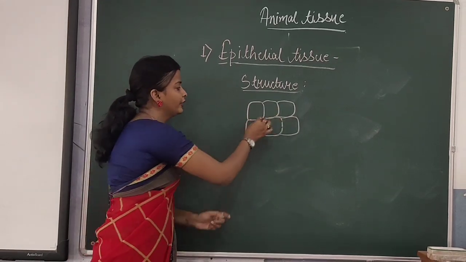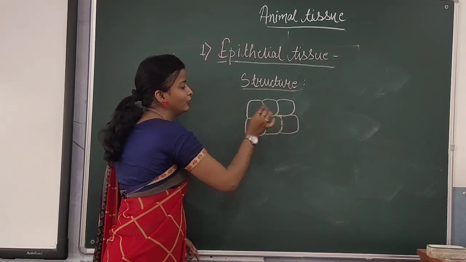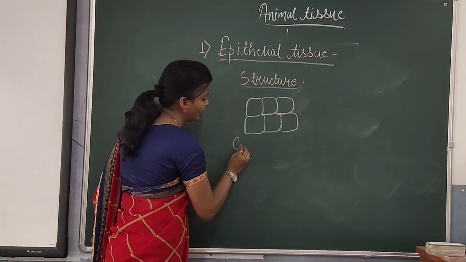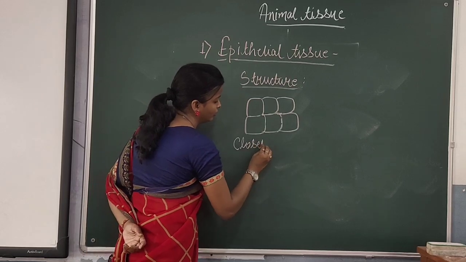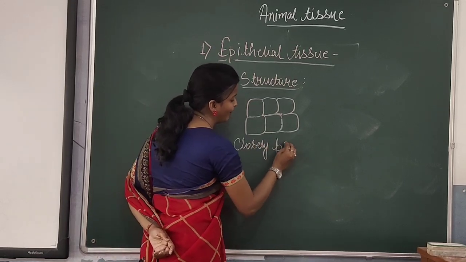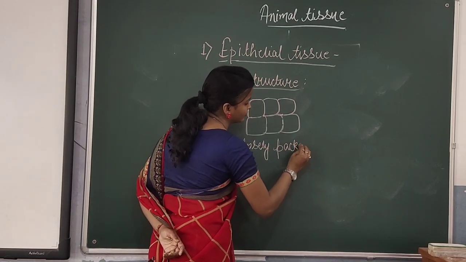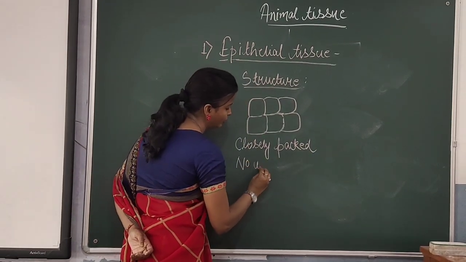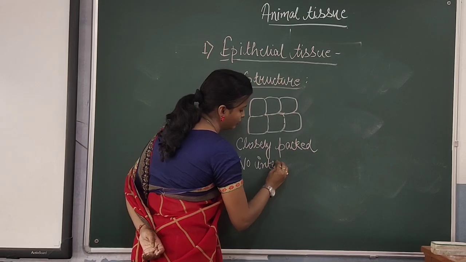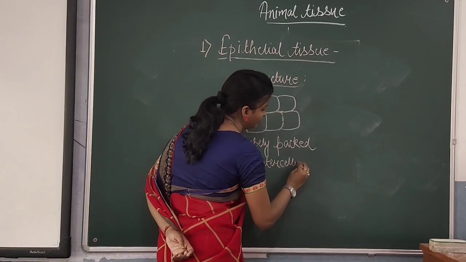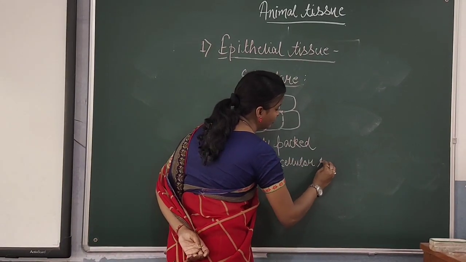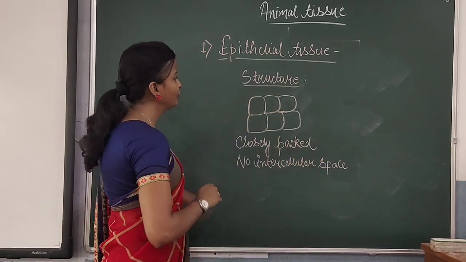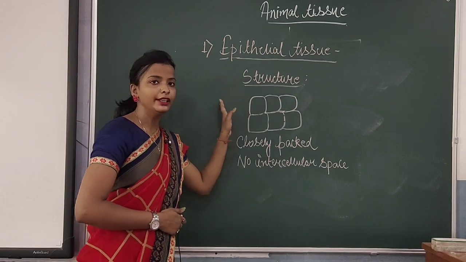So the first structure is closely packed, and the second is no intercellular space. So this was about the structure of the epithelial tissue.